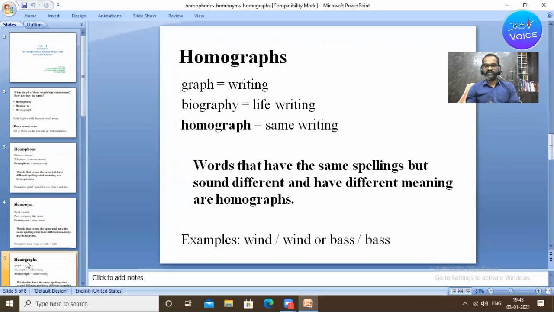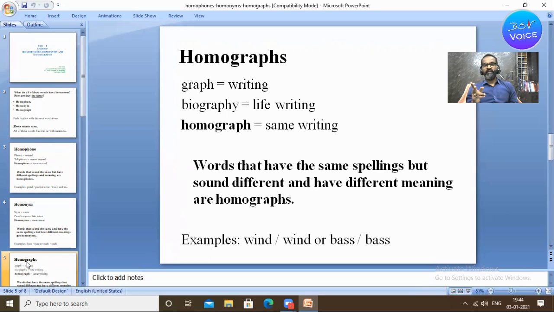You can see here wind and wind. Wind is the soothing air that flows from the window, and wind also means to turn or close, so the spelling is the same but we pronounce it in a different way.